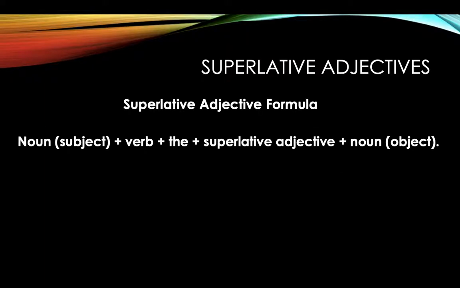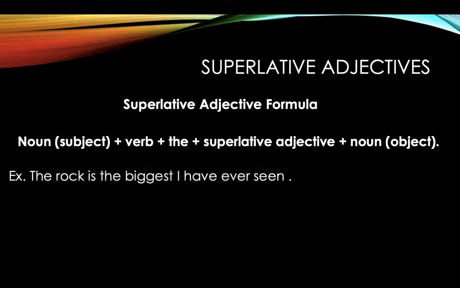So again, we have another formula, and I really would like you to write this formula down, but I will give you a handout that shows you all the rules for each of these and all the formulas. So we have a noun or a subject plus the verb plus the plus the superlative adjective plus the noun or object, a direct object, okay?